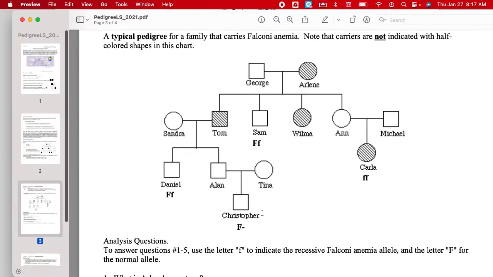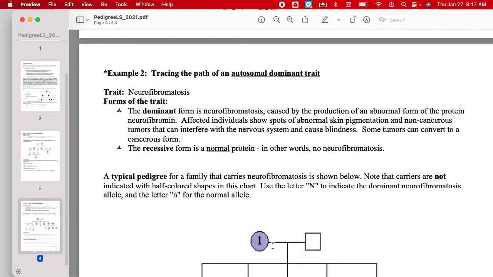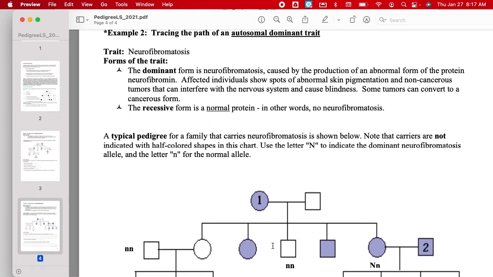All right, one more pedigree. Tracing the path of autosomal dominant trait, neurofibromatosis. The dominant form in neurofibromatosis is caused by the production of an abnormal form of the protein neurofibromin. Affected individuals show spots of abnormal skin pigmentation and non-cancerous tumors that can interfere with the nervous system and cause blindness.